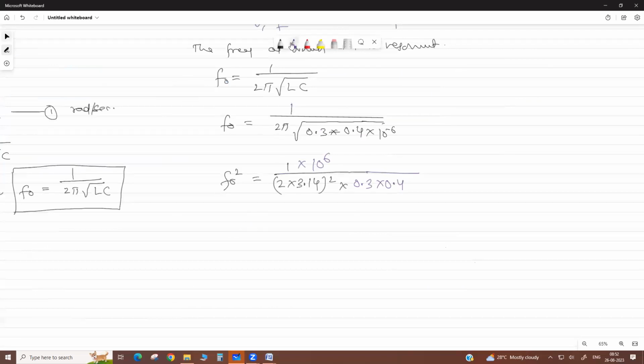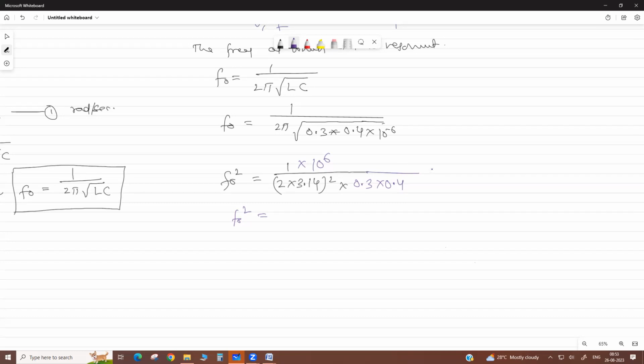Now we can solve this. F naught squared equals what we get? First calculate 2 into 3.14, then square of this, into 0.3 into 0.4, then inverse, into 10 raised to power.